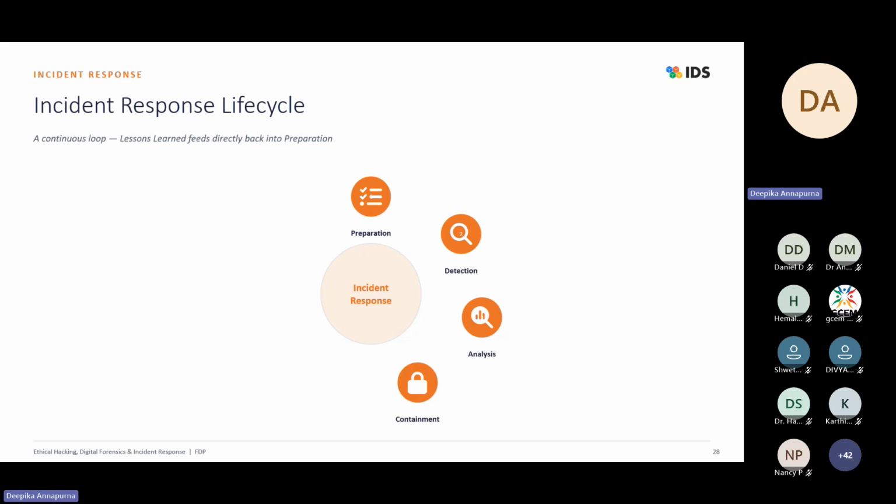Next is the containment. We need to stop the attack from spreading, right? Once the attack has happened to one of the systems, we need to stop it. How to do that? If an attack had happened in my system, first I need to disconnect the infected systems.